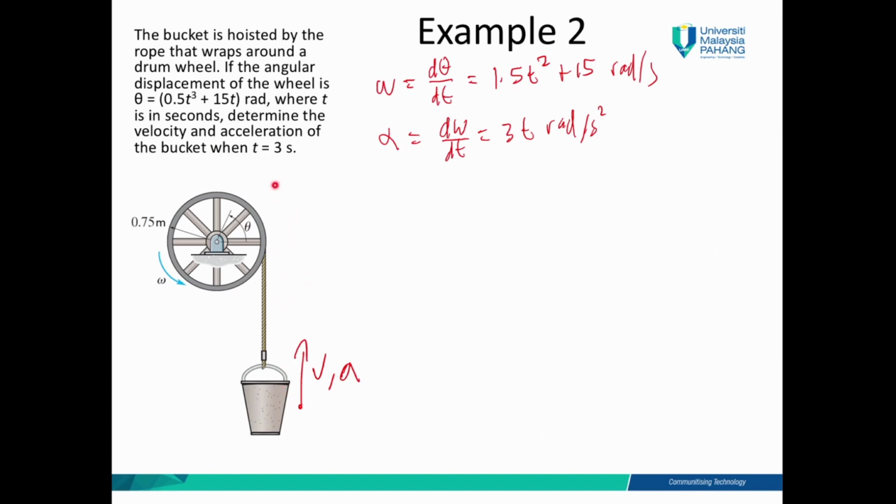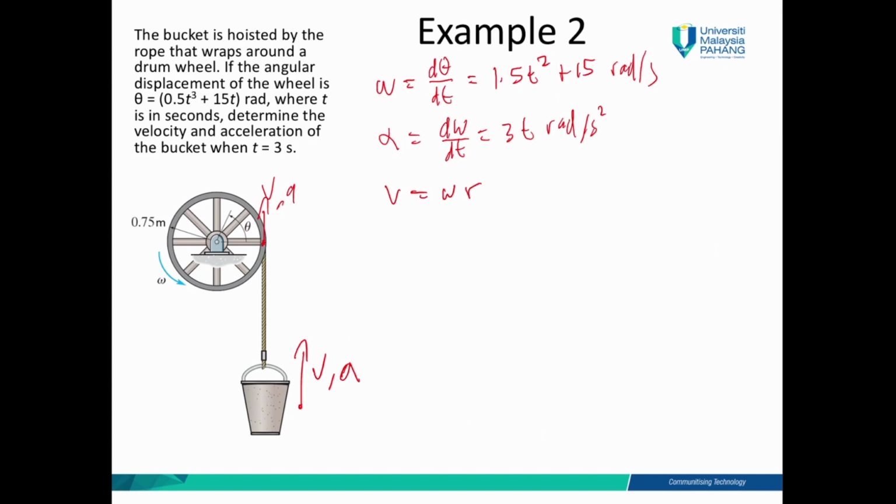So how do you convert from an angular movement to a linear movement? Because we only need to find the velocity here and the acceleration here. So that can be found by using your equation v is equal to angular velocity times r.